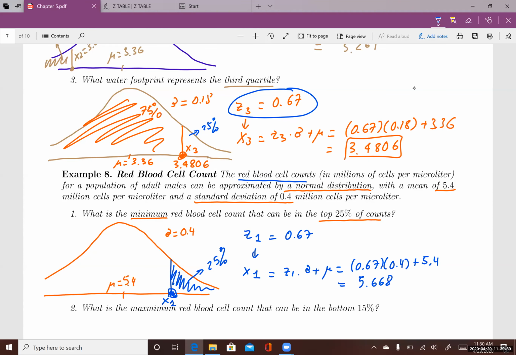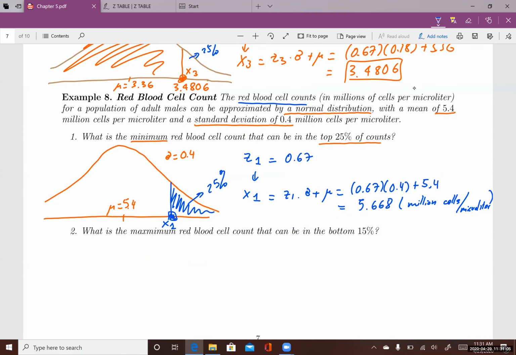All right, and the units should be million cells per microliter. The units are something you should include.